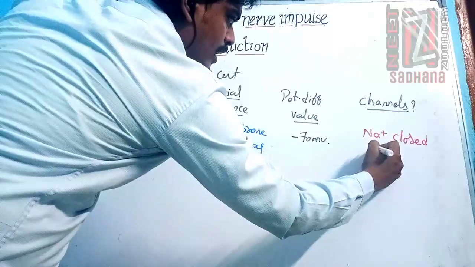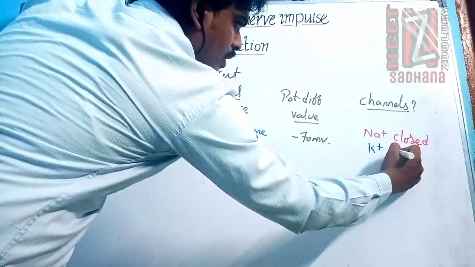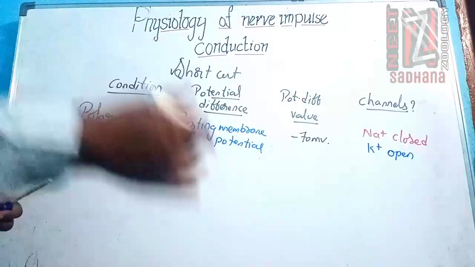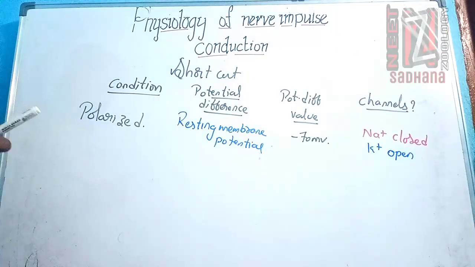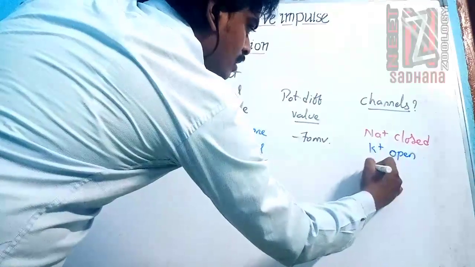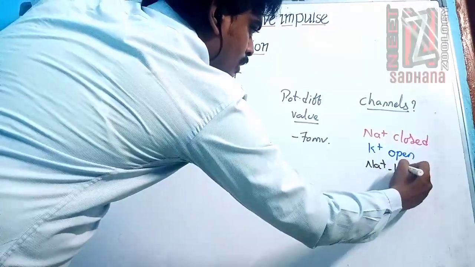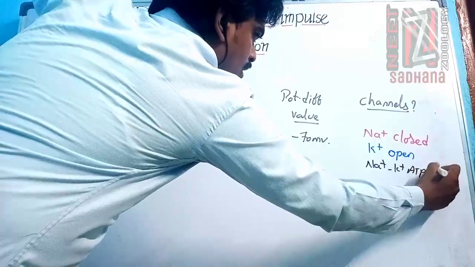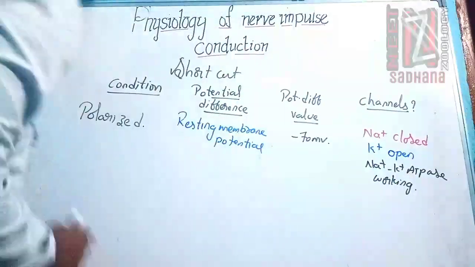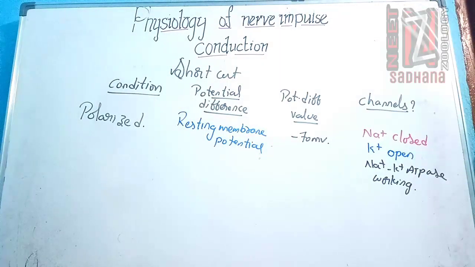Remember this condition: we have potassium channels which are always open, and the potassium ions will be moving across the concentration gradient. And we have the sodium potassium ATPase pump, which is working. So this is the condition during the polarized state.